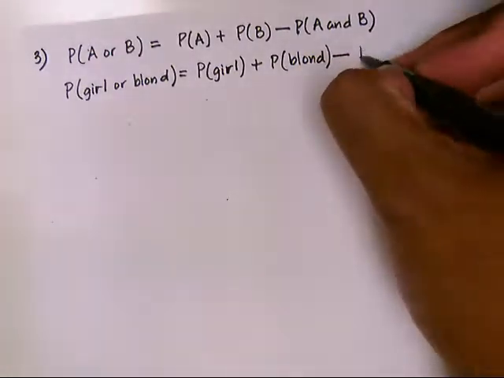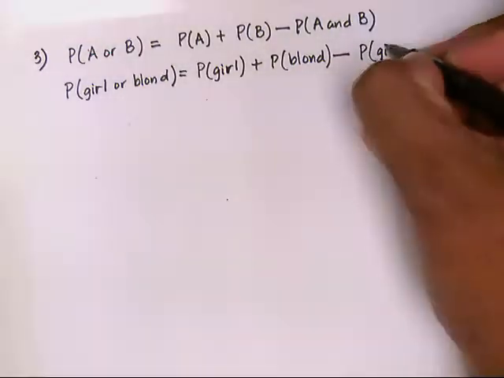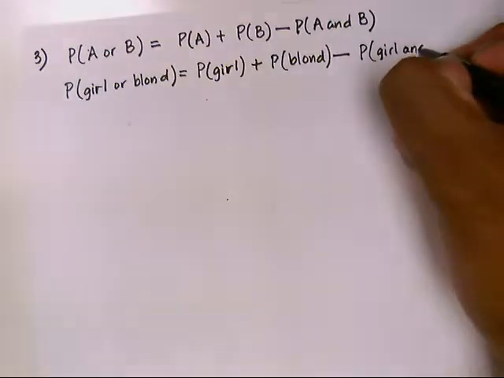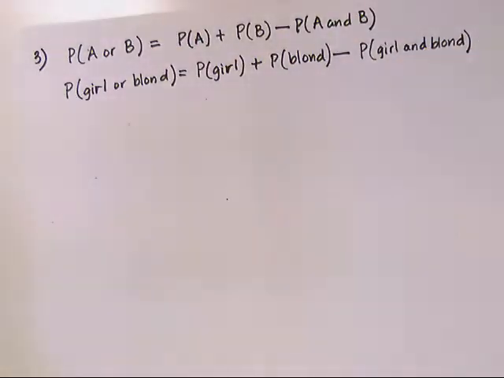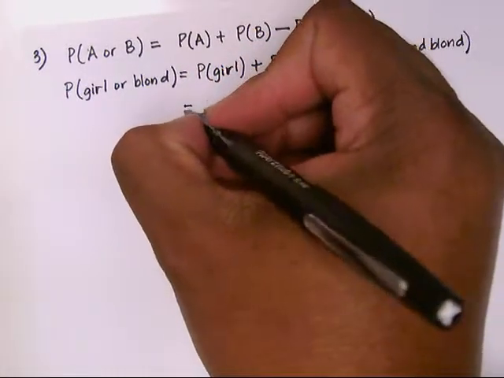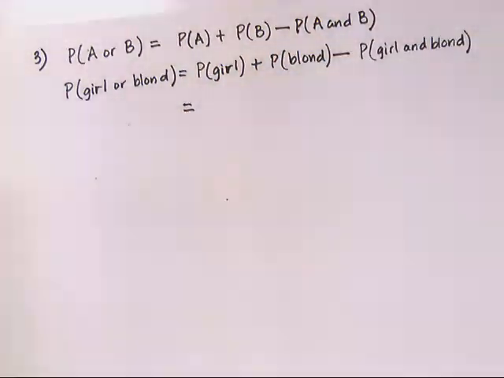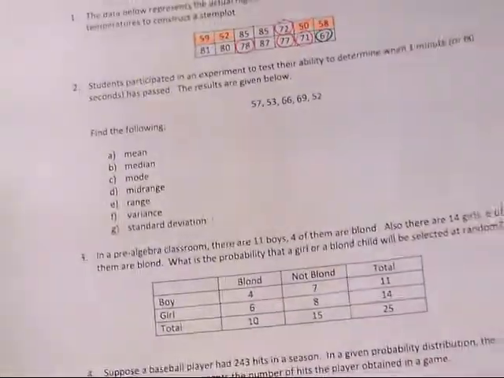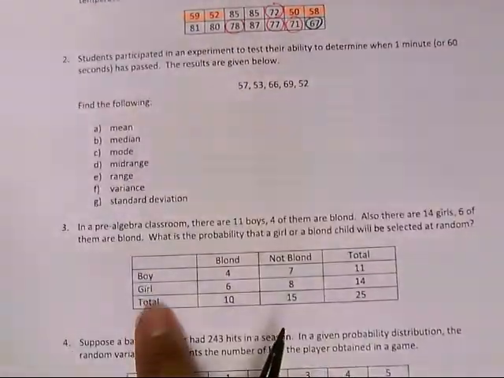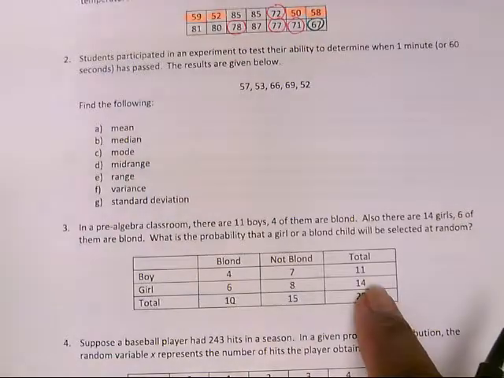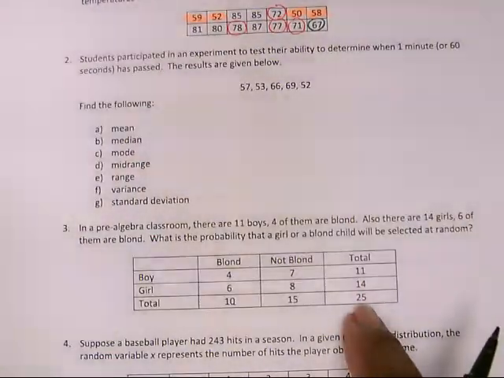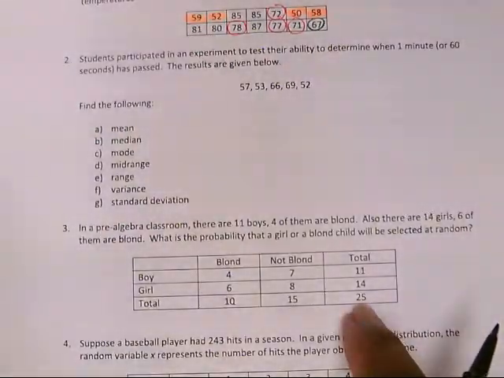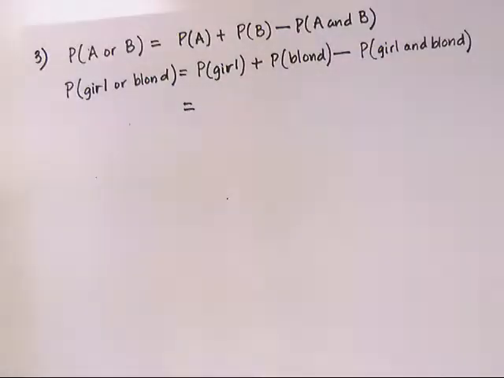And then we got to subtract off the probability of selecting a girl and a blonde. So this is where we look at our table here that's given to us. Let's find the probability of selecting a girl. Well, here's the girl right here. The total number of girls is 14 out of a possible 25 children. So it'll be 14 out of 25 for the probability of selecting a girl.